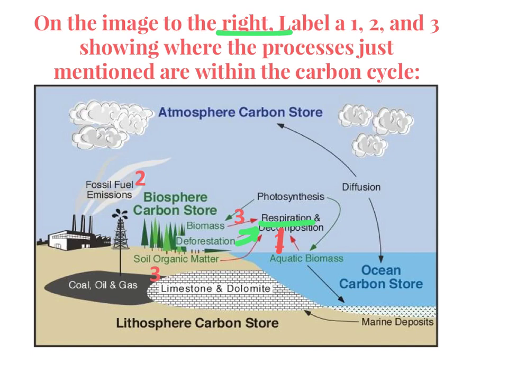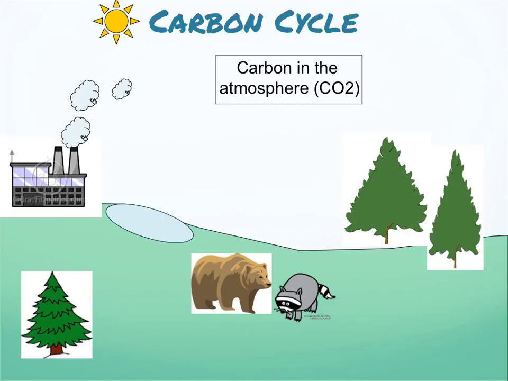We've also got combustion with a 2, CO2 emitted from factories going into the atmosphere, and then we also have 3, decomposition, again plants releasing some CO2 in the atmosphere. I did put another 3 down here because decomposition is also the plants going down into the ground and soil, which we'll talk about later.